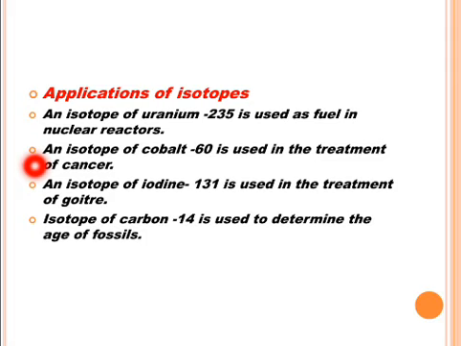Yes, the answer is cobalt-60. Similarly, you can be asked to write the name of the isotope used in treatment of goiter. Yes, it is iodine-131. Similarly, you can be asked to name the isotope which is used to determine the age of fossils. Yes, it is carbon-14.